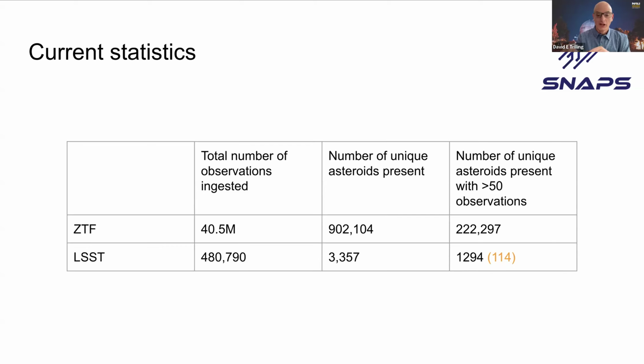That bug has been fixed, but the observations from before that bug fix, because they have the wrong geometries, when we ingest the alerts, they repopulate bad data into our database. And so what we've decided is we're excluding those at the moment. We have the observations ingested, but we're not serving them. The number that we are serving with more than 50 observations is 114, and that is since that bug fix. And of course, that's going to go up very fast as soon as the full survey is underway.